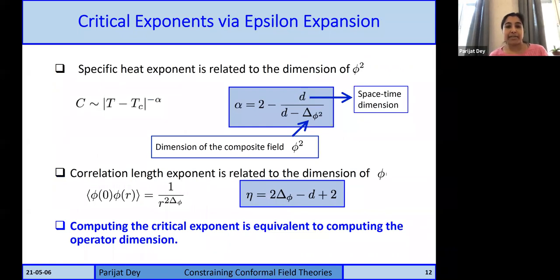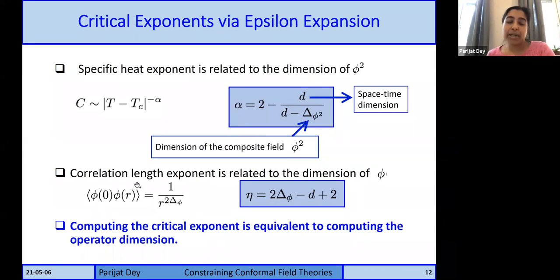Now the specific heat exponent is related to the dimension of the field phi squared. I will formally define the dimension in a bit, but we will use delta phi squared to denote the dimension of the composite field phi squared. This is the precise relation between the specific heat exponent alpha and the operator dimension.